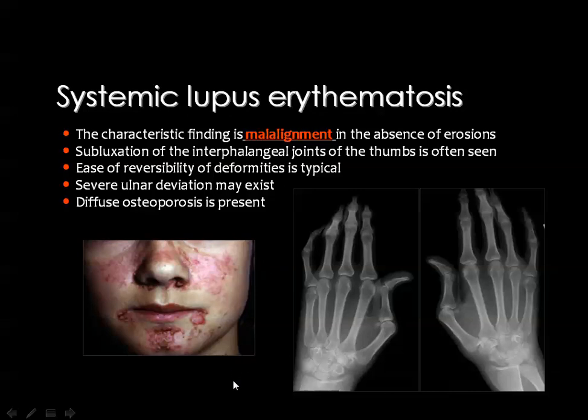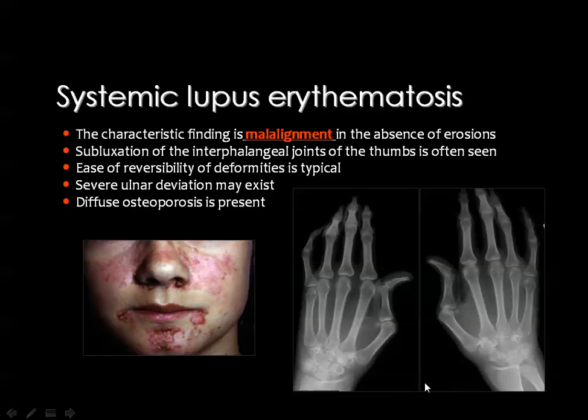But regarding the musculoskeletal system, the most common manifestation in the joints is what's known as malalignment, and you get flexion deformities, subluxation, dislocation of the joints, and very important, these subluxations are not associated with erosive changes.